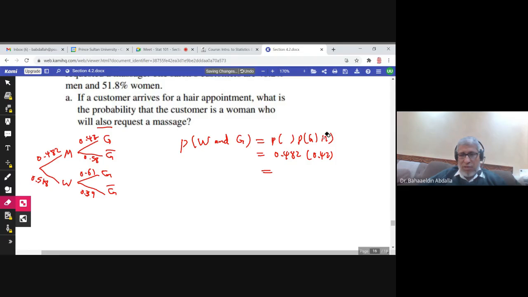So it should be the probability of women times G given women. So it should be 0.518 times 0.61.